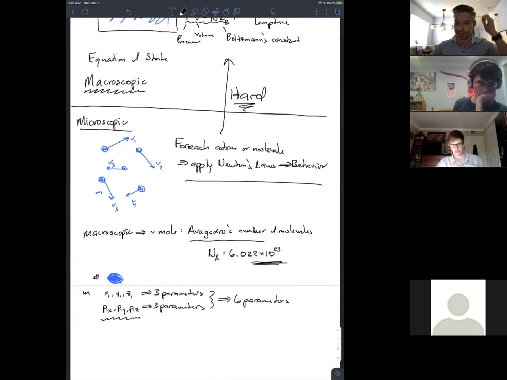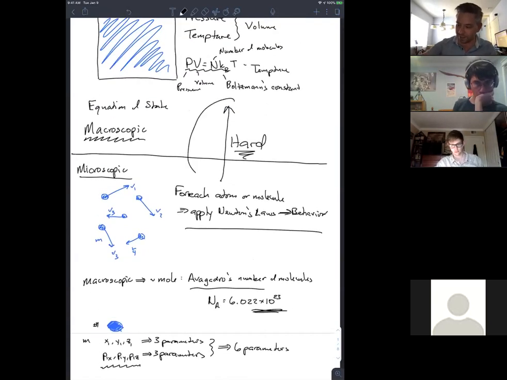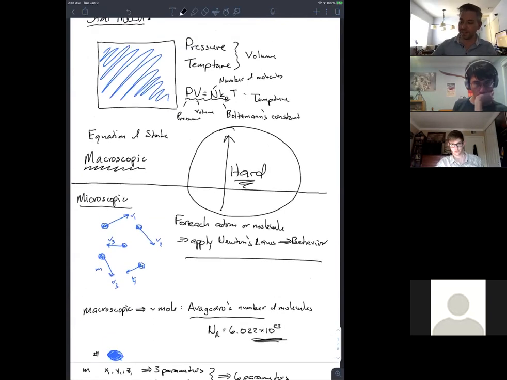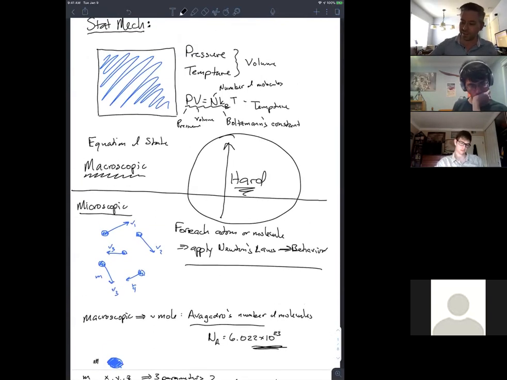What that allows you to do is start from the microscopic approach and apply statistical reasoning.